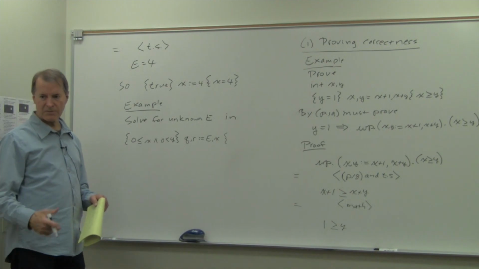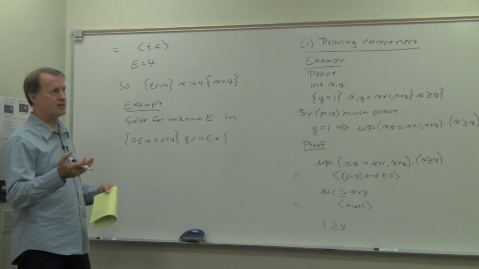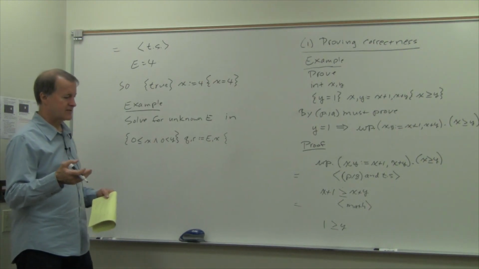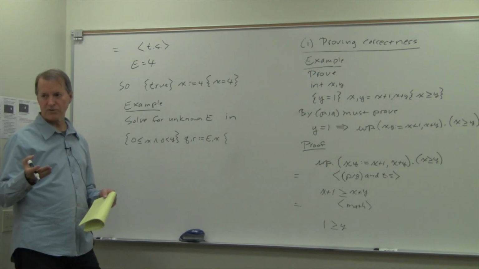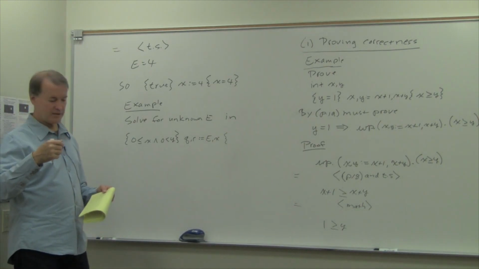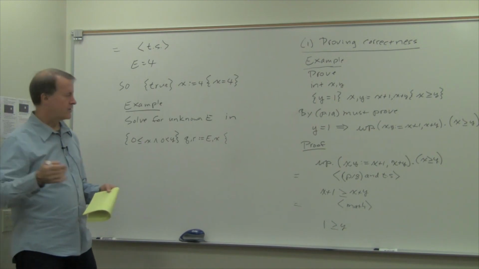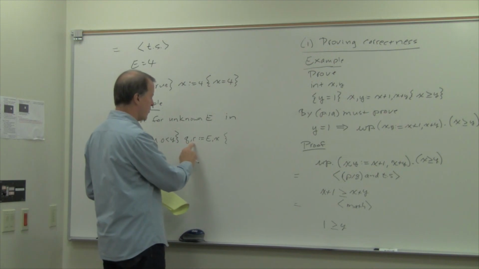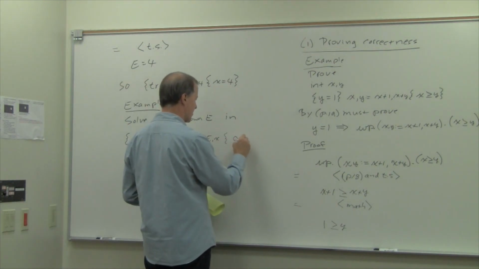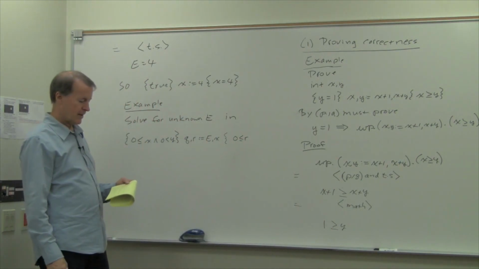If you have 13 divided by 2, the remainder has to be either 0 or 1; in that case, it's 1. So you want the remainder r to satisfy 0 less than or equal to r. It can be 0, but it can't be negative.